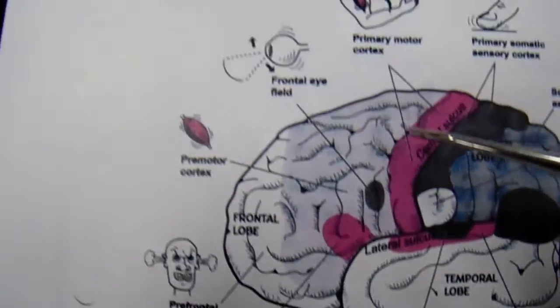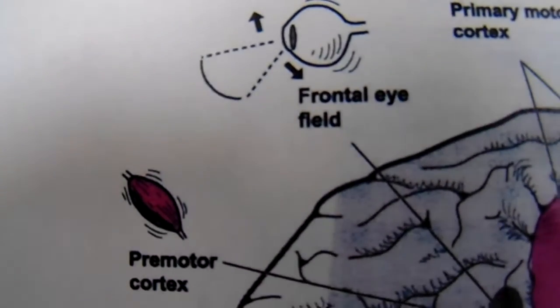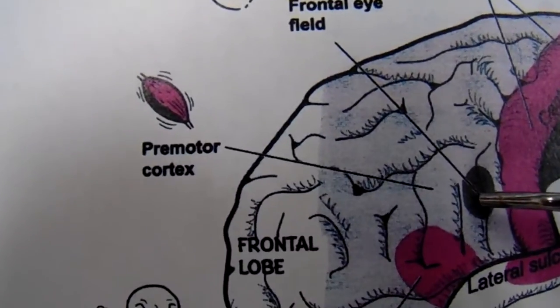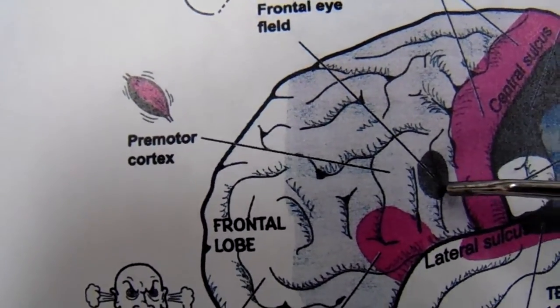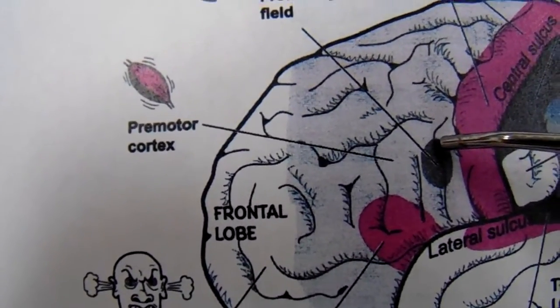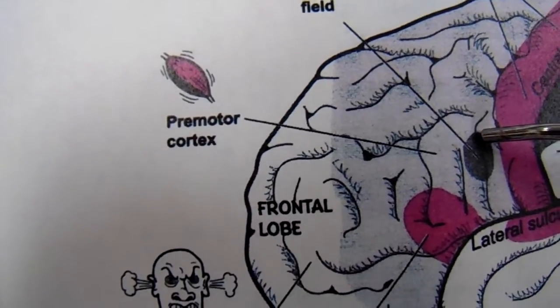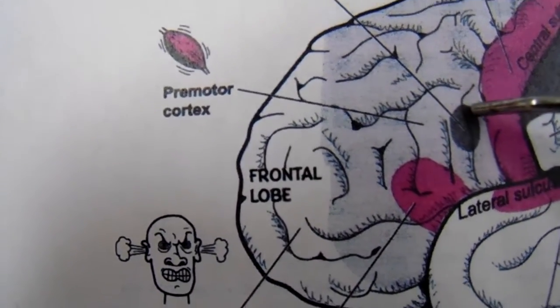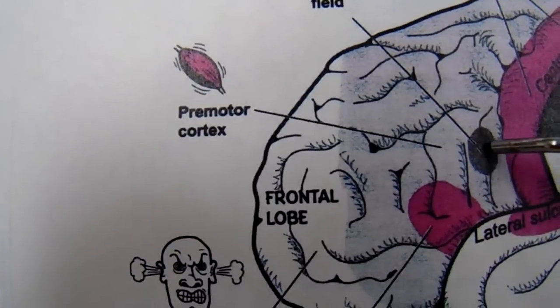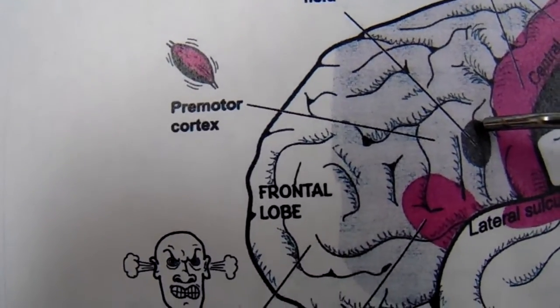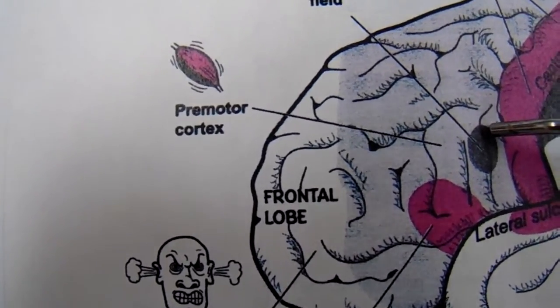Okay. Look, this frontal eye field right here. We have 6 muscles that move or attach to our sclera of our eyeball and move it around. So this part of the brain right here controls that.